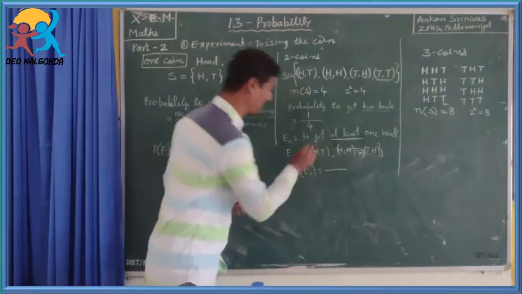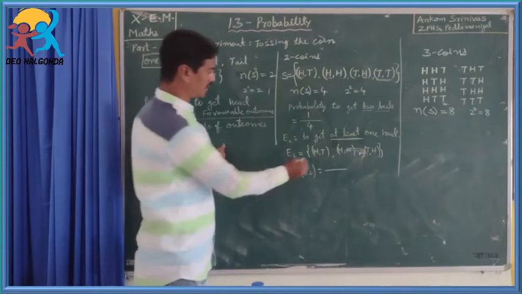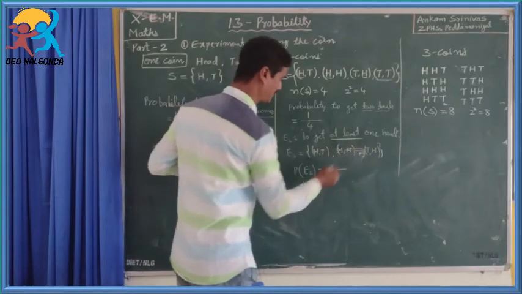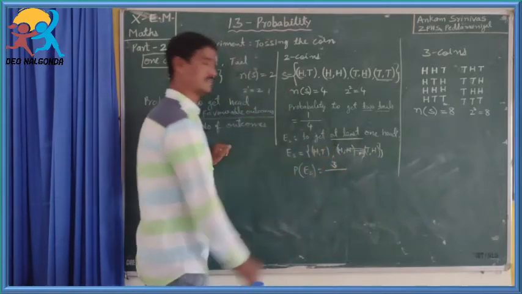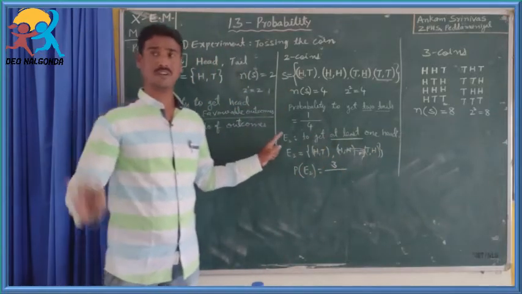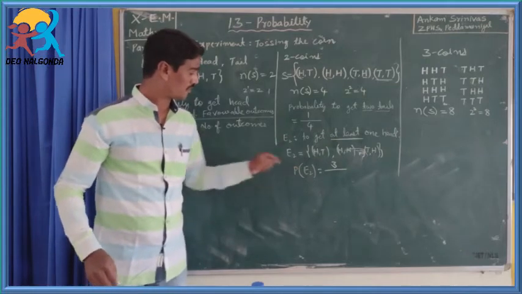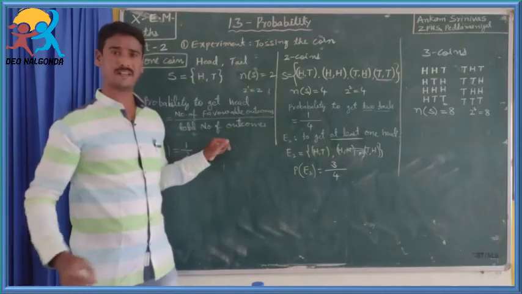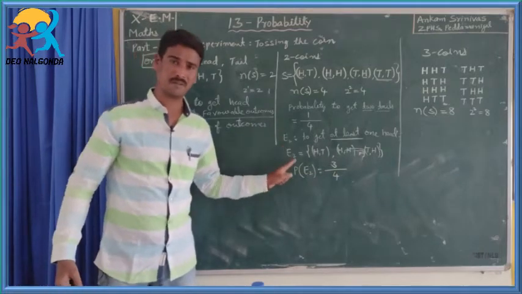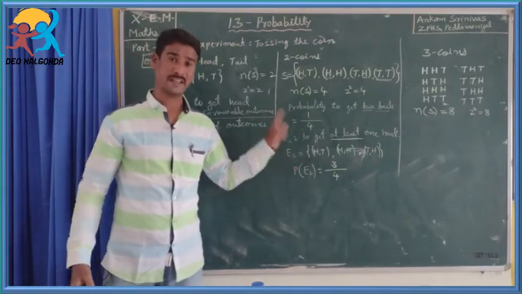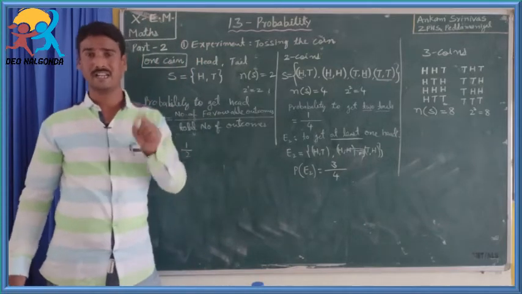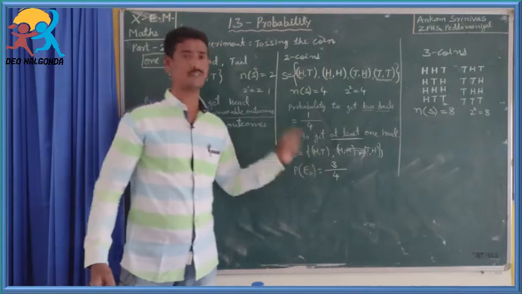Here, number of favorable outcomes 1, 2, 3, so 3 by number of total outcomes, which is 4. So, my dear children, the probability to get at least one head when tossing two coins at a time is 3 by 4.